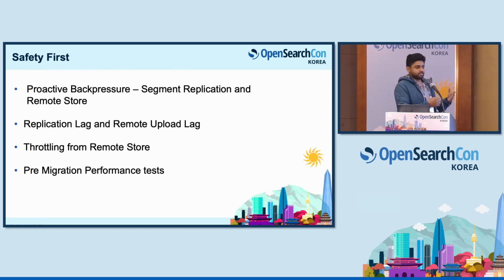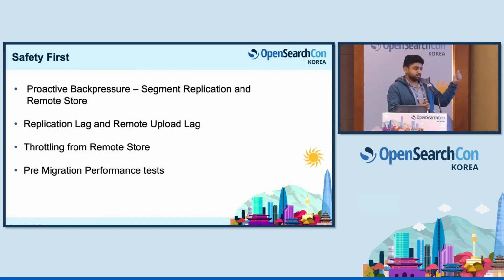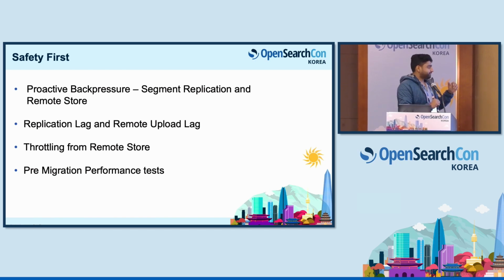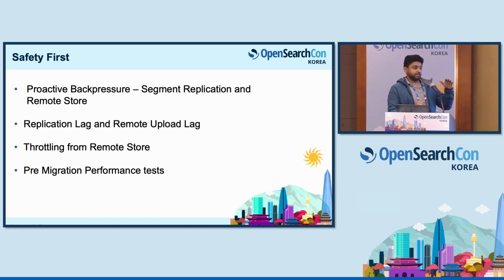Some of the key metrics that we use, or that even as an operator you should be monitoring, are replication lag and remote upload time. This is something that is used by back pressure as well to monitor the state of how segment replication is performing, how your remote store is performing. These are the metrics that you should be really careful about.